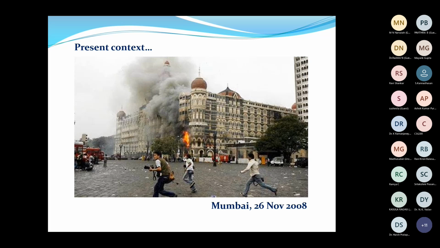And finally, we can collect intelligence in a homegrown system, so that our intelligence agencies can reliably gather information and take necessary actions much before any adverse incidents happen. So this is one of the demands that we have faced in the recent past.